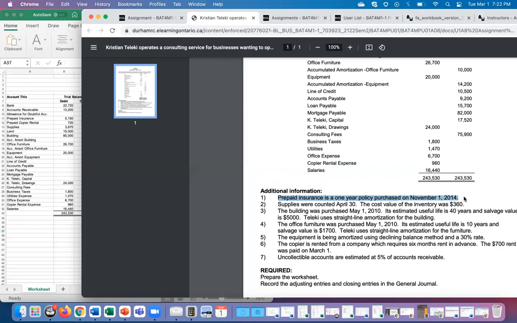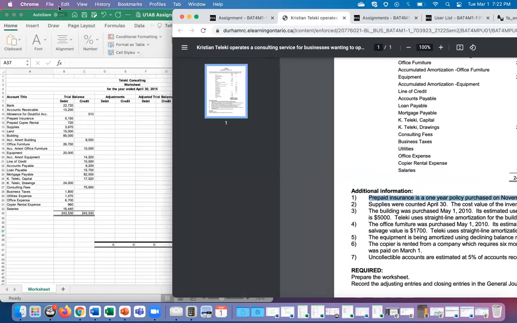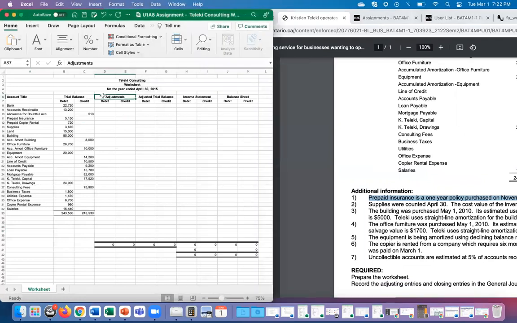So we're doing the first column after the trial balance on the worksheet, which is the adjustments column. You guys remember we just did an assignment about adjustments. I think it was two assignments ago. This is when you have things to record for your business that have either happened already or are going to happen.